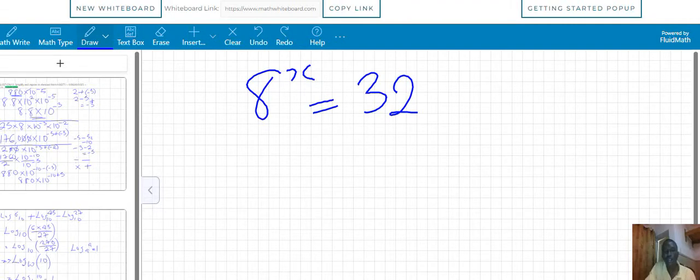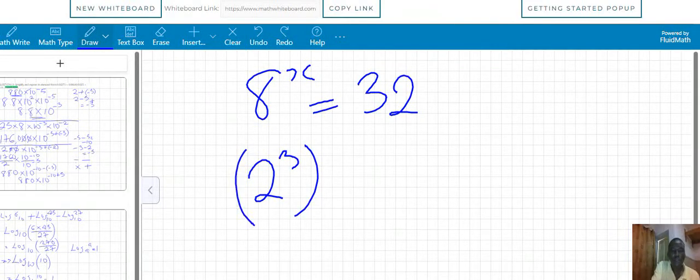We'll make the base common because it will be easier. We can raise 2 to power 3, right? 2 to power 3 will give us 8.